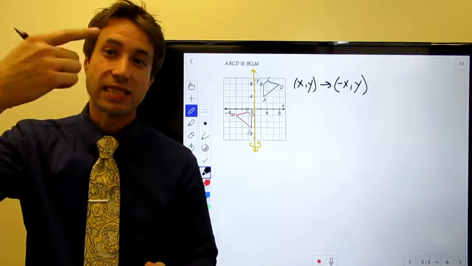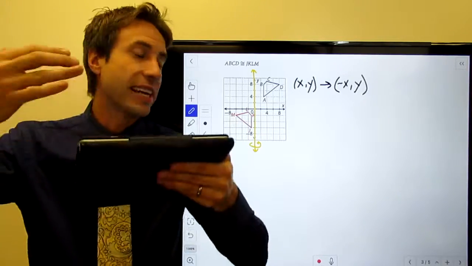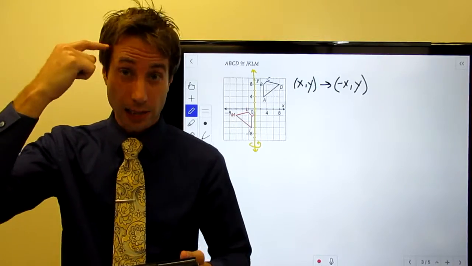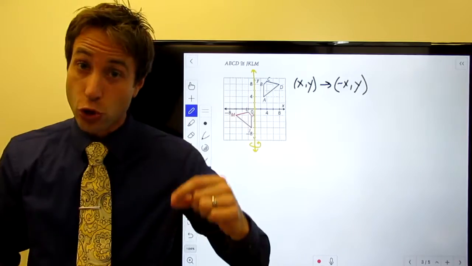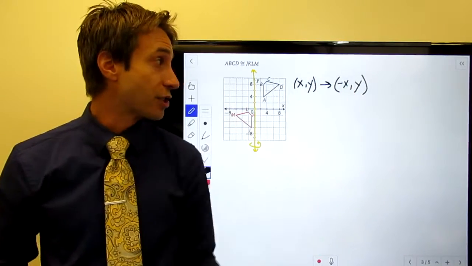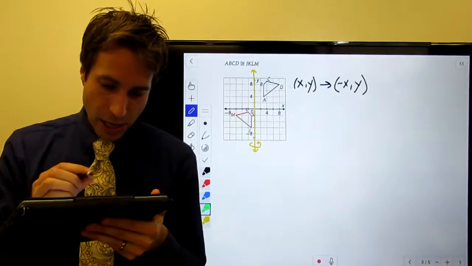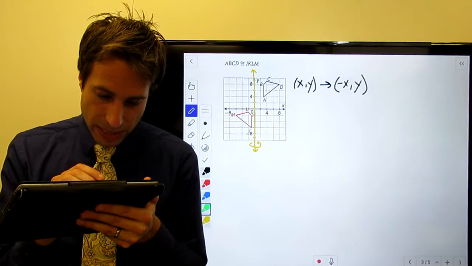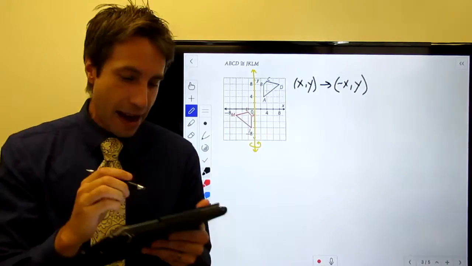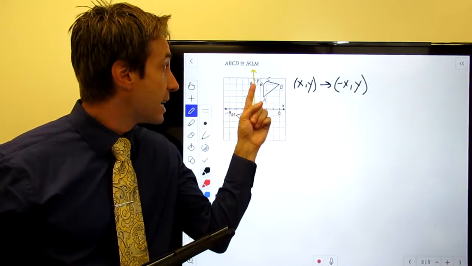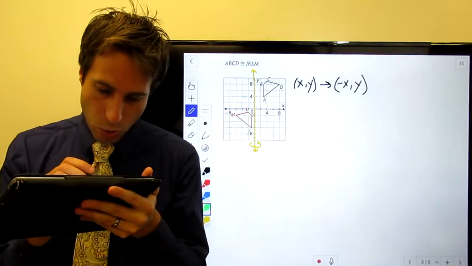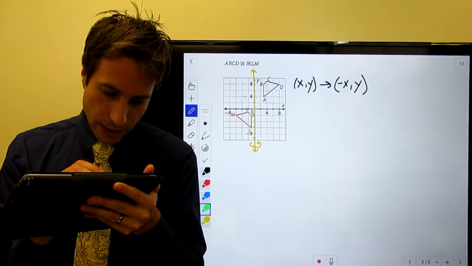Guys, we've seen this several times at this point. We've been doing these many times together. It should be sticking: a reflection across the y-axis. Here it is. That means A, which is at 1.5, goes 1.5 on the other side, right there. B is at 1.5, so go 1.5 on the other side.